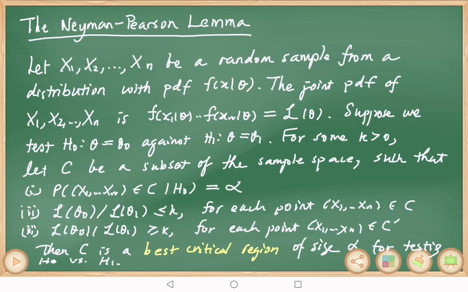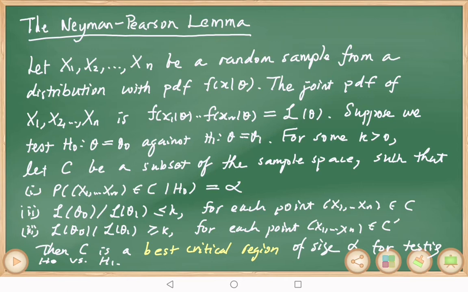The joint PDF of X1, X2, until Xn is just the product of the PDFs, denoted by L(theta). If you have a discrete random variable, your PDF simply changes to the PMF, the probability mass function.